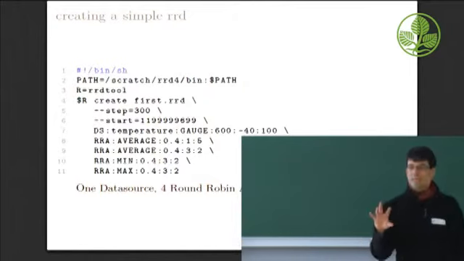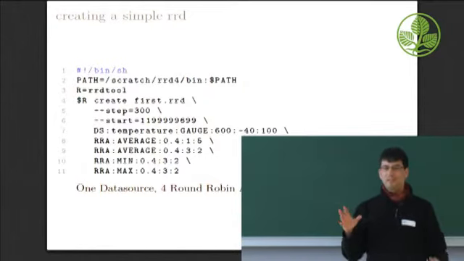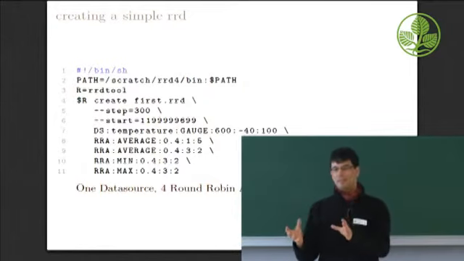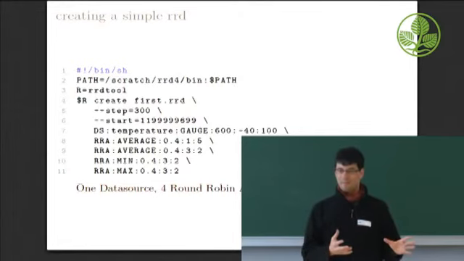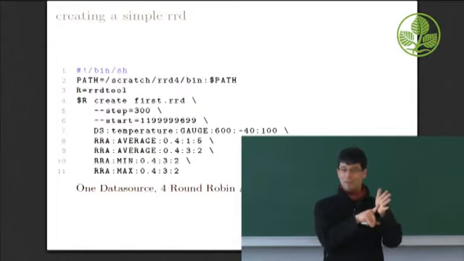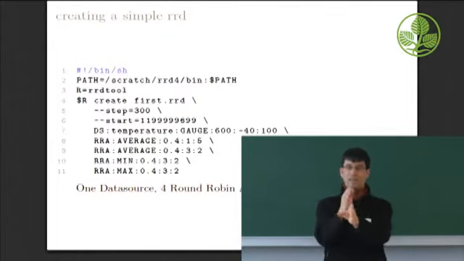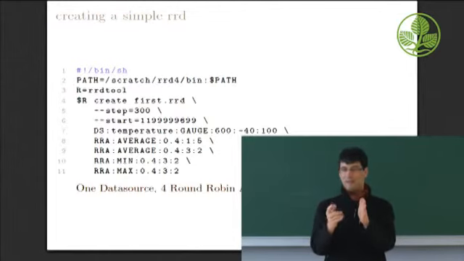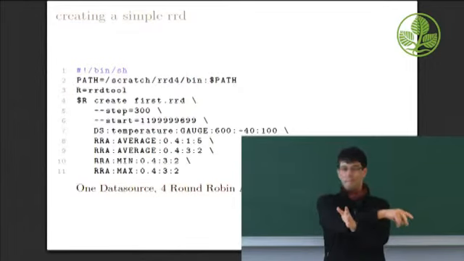Due to this resampling of the data, RRDtool doesn't accept data from the past. So whenever you input new data, it'll take the last data it saw and your new data and then fill in the gap between those 2 points. And when you later on try to feed it something from earlier in time, it'll say, no, sorry, I'm already here. You can't go back in time.